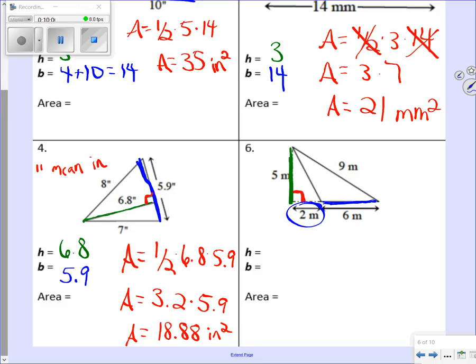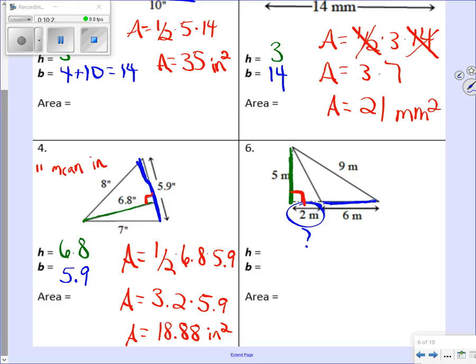Is that part of your triangle? Is that inside our triangle? It's not. The only reason why it's out there is to show where the right angle happens. It's to prove that this is the right angle. So, we don't need to use that 2 to calculate anything.